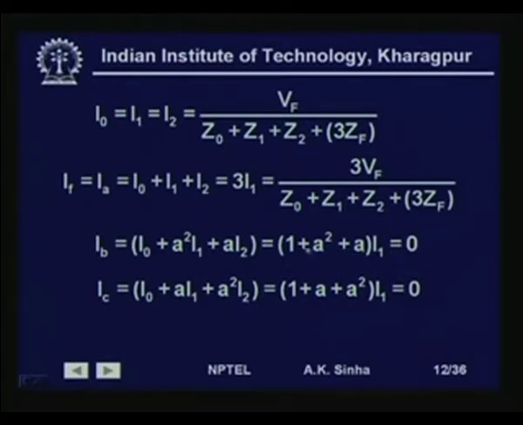Therefore, this is what we are going to get. This is showing a unit phasor, three-phase phasor, which is symmetrical and balanced. Therefore, the sum is equal to 0.